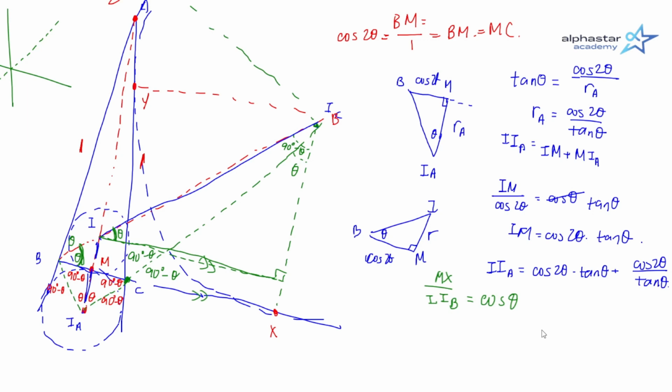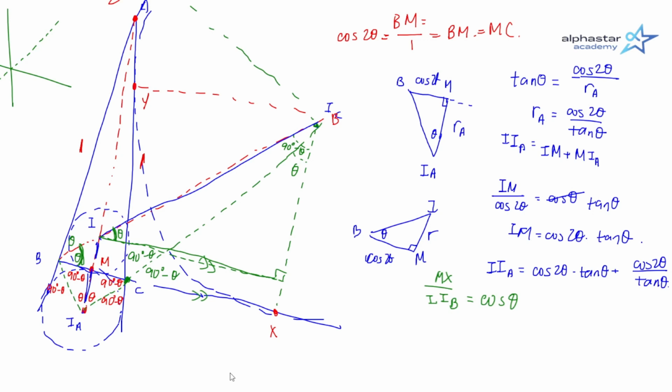In order to do that, we need to figure out what MX is. We can do a little bit of angle chasing and use equal lengths. In particular, lengths of tangent lines to a circle are always equal.